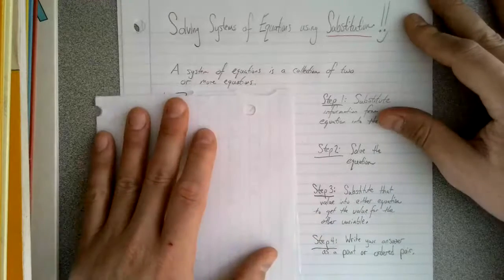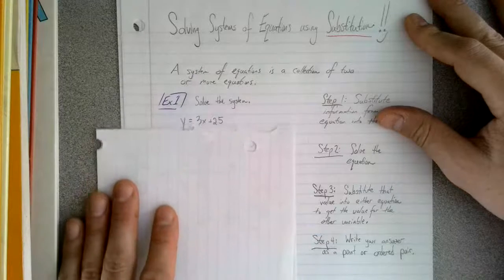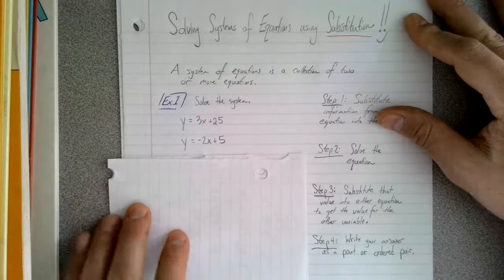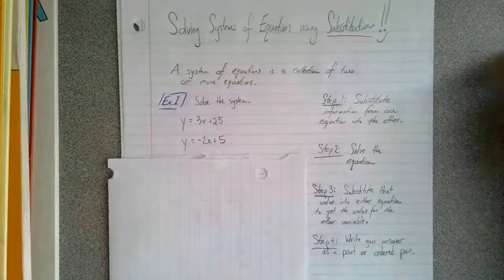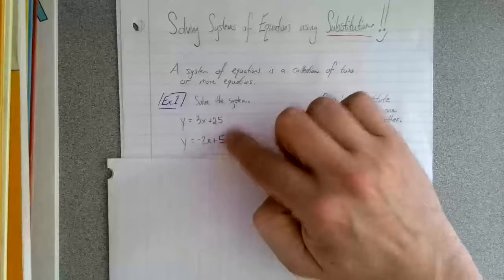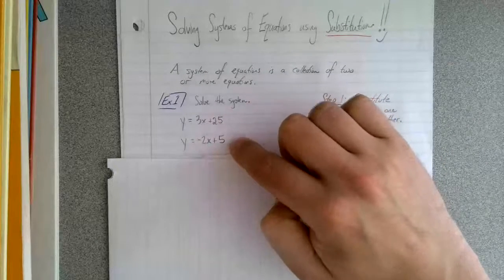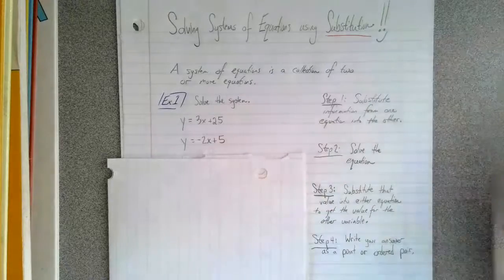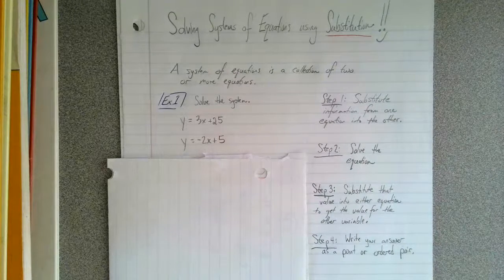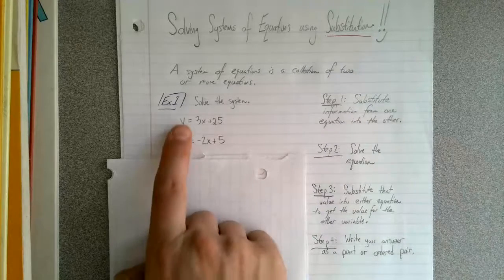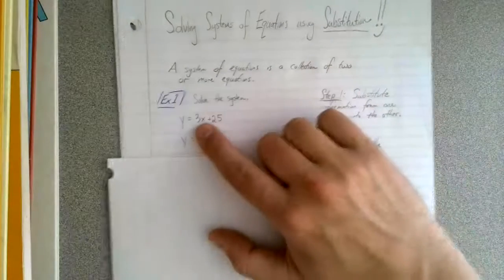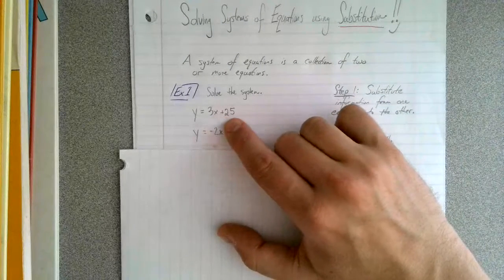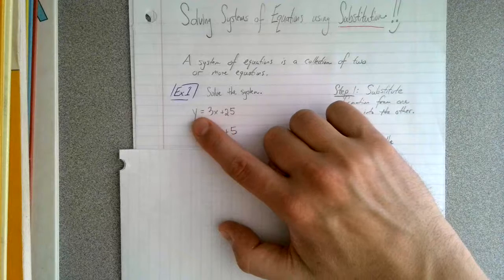So let's take a look at our first system of equations. We're being asked to solve this system. Now, what we have is two equations that are set equal to y. So one way of thinking about this is that 3x plus 25 is equal to y.